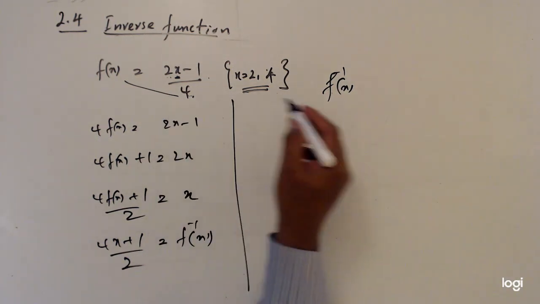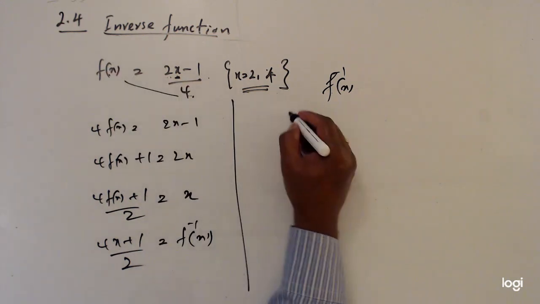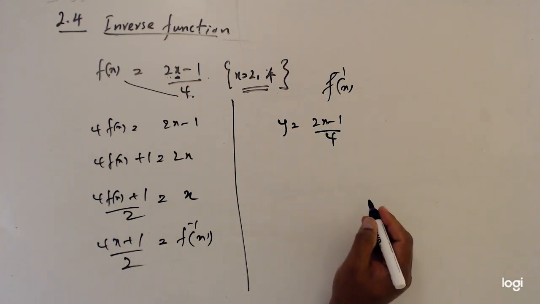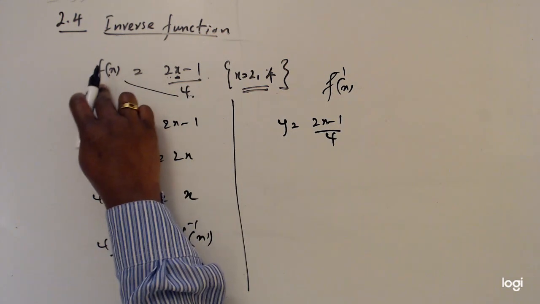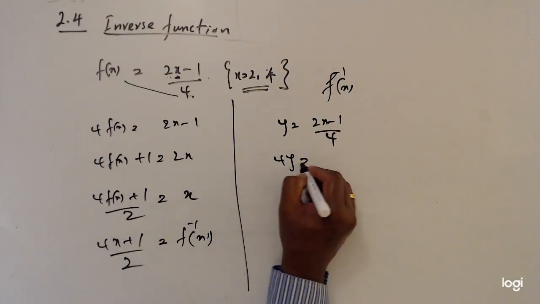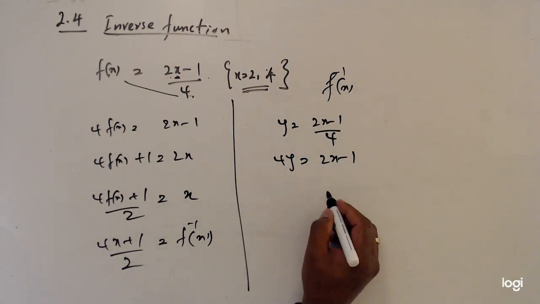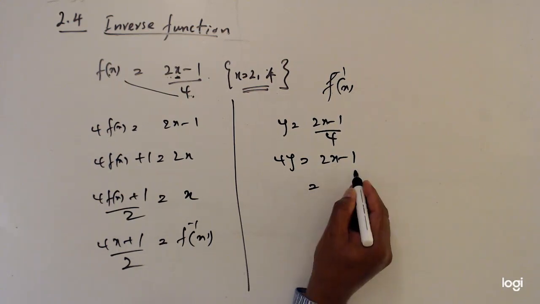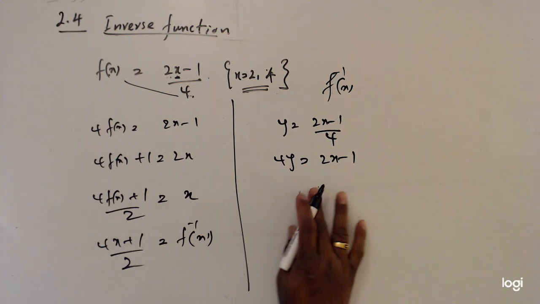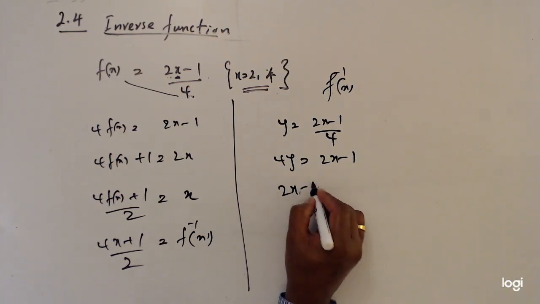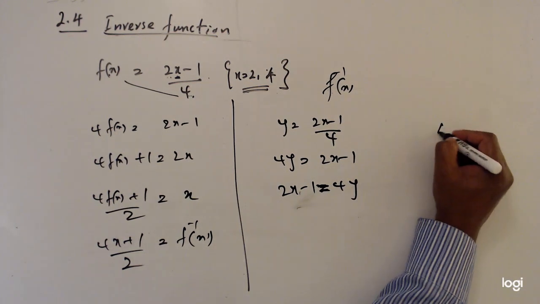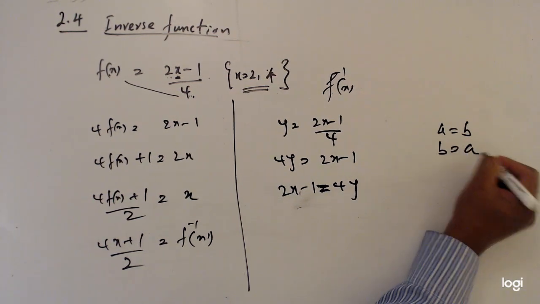Or instead of f x I write y equals 2x minus 1 over 4. A bit less confusing, because this is not f x, y is easy. So then cross multiply: 4y equals 2x minus 1. Then I write 2x minus 1 equals 4y. A equals b, can I write b equals a? Yes.